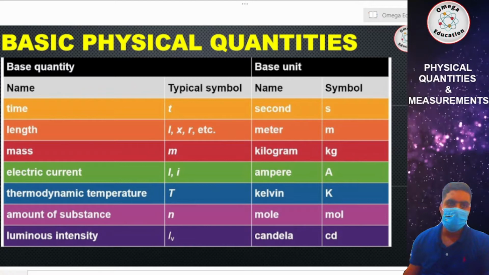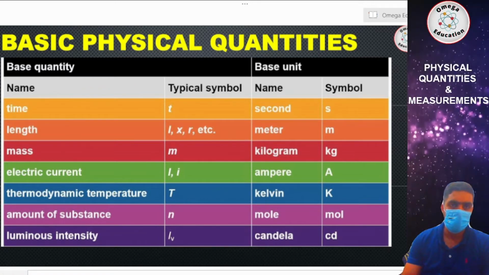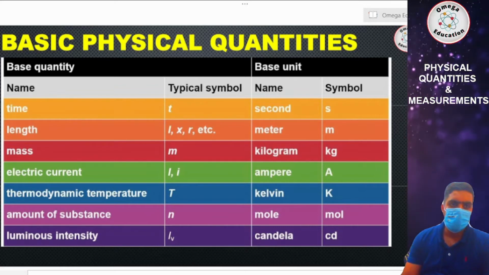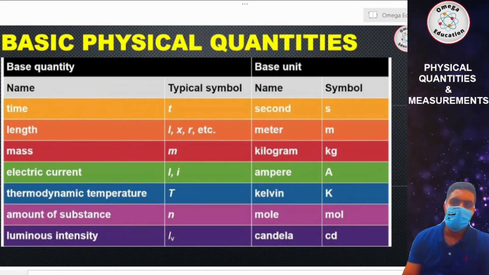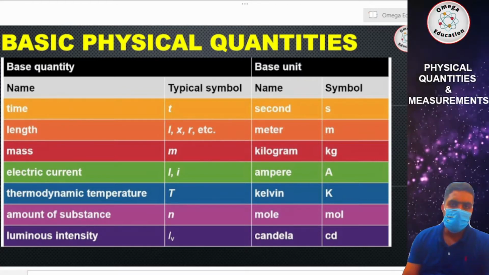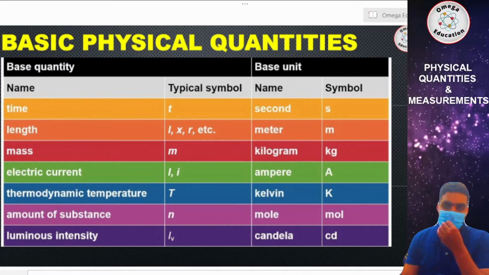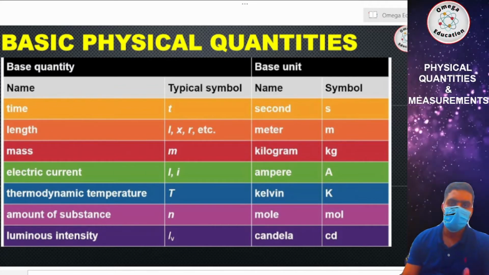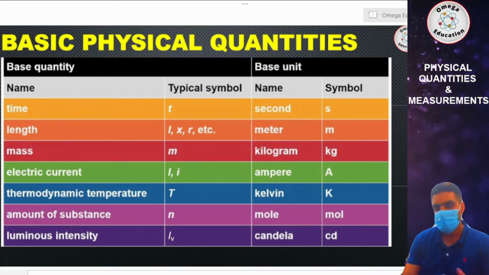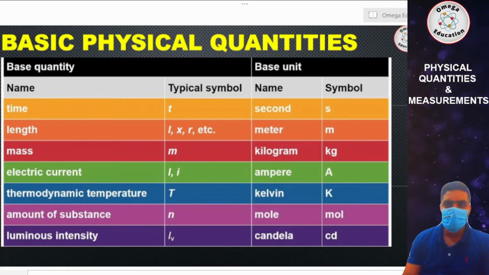The first one that we have here is titled time. No need to memorize them in order. What you have to do is just memorize the name of the quantity along with the name of the unit and its symbol. Time can be measured in a lot of units, for example minutes, hours, days, seconds, but the second is the standard one.